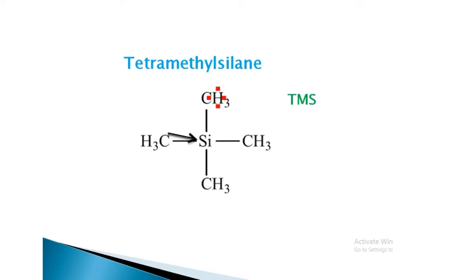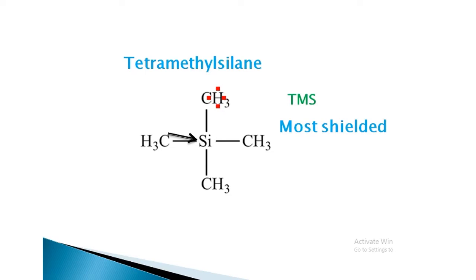All the atoms in this molecule have roughly the same electronegativities, which means the red electrons in the hydrogen are going to stay right there, which means the hydrogens are going to be very shielded. In fact, in organic chemistry, these are going to be the most shielded hydrogens.